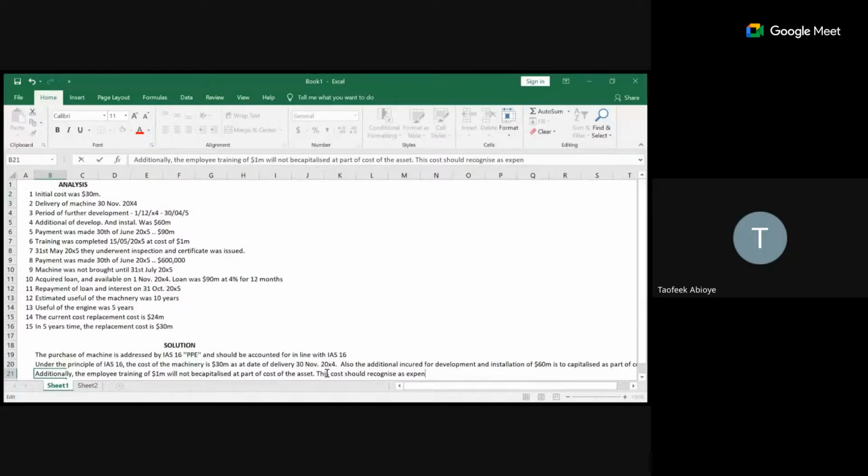Because if you look at it normally, how can we give somebody $30 million to come and install, and he's not going to tell us how we are going to use it? So that employee training cost is not to be capitalized. So I need to quickly correct that before we go. It should be recognized as an expense in the P&L account, in the profit or loss account.